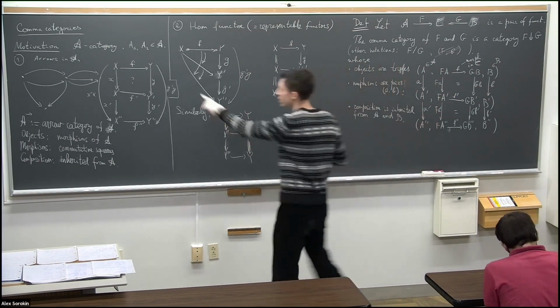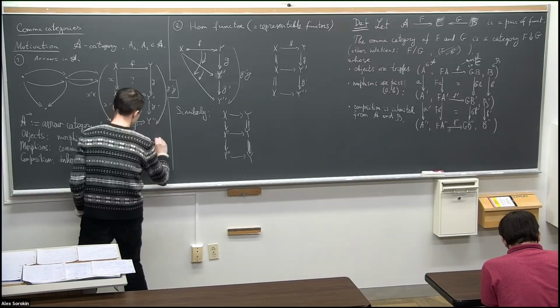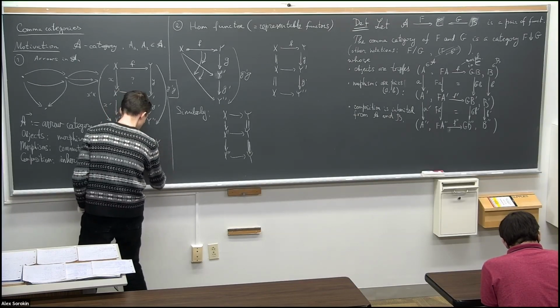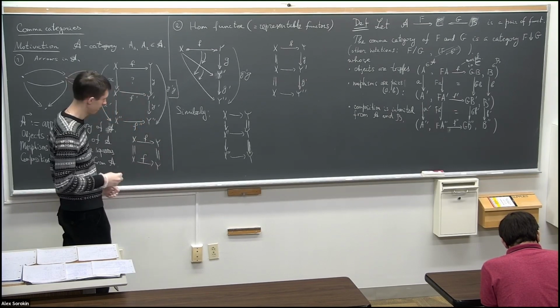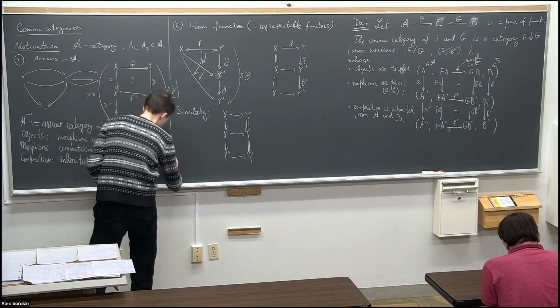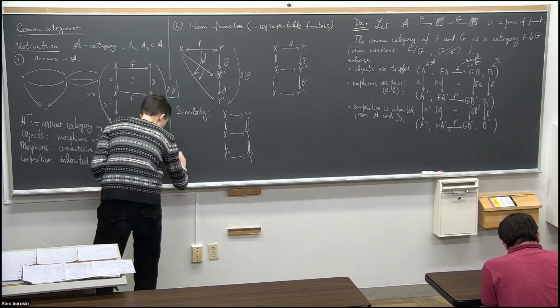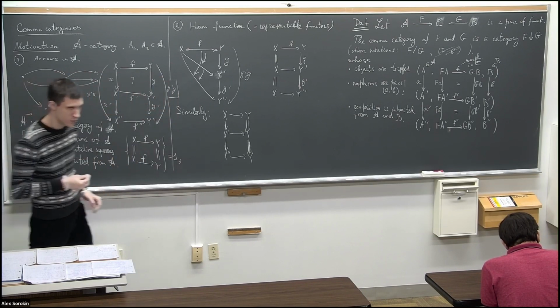In this case, identities. So this thing together will be identity of morphism F.